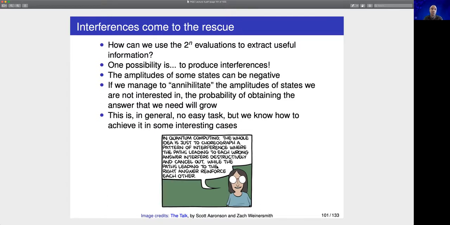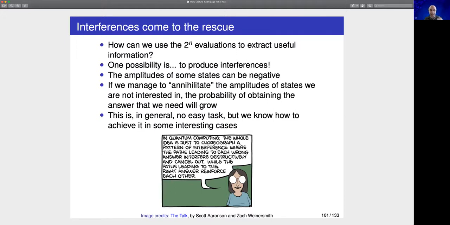And this we can do because the amplitudes are not probabilities, they are complex numbers. So they can be negative and they can either reinforce or negate one another, okay? And this is something that is not easy to do, but we know how to do it in several interesting, important cases.